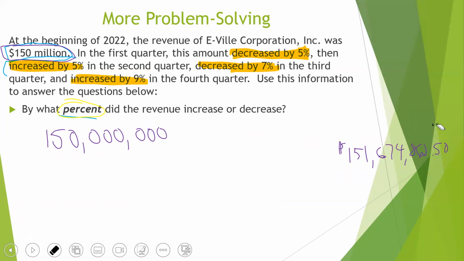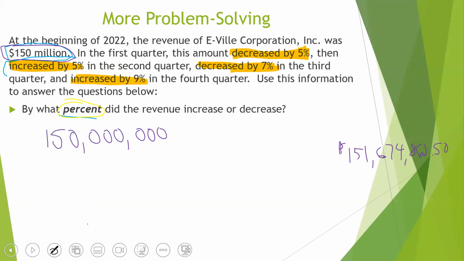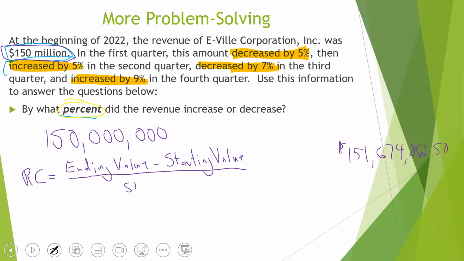Okay, and so you may remember that the formula for relative change, I'm just going to write RC for relative change, is the ending value minus the starting value divided by the starting value. And then we multiply by 100 to make it into a percent, because relative change is a percent.